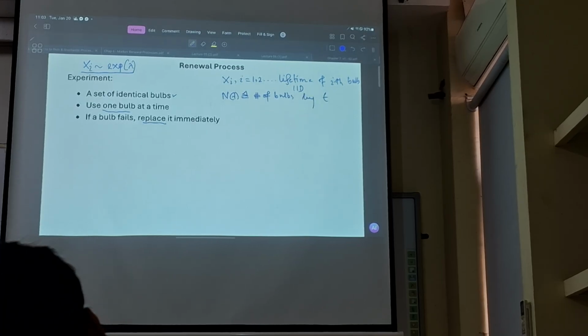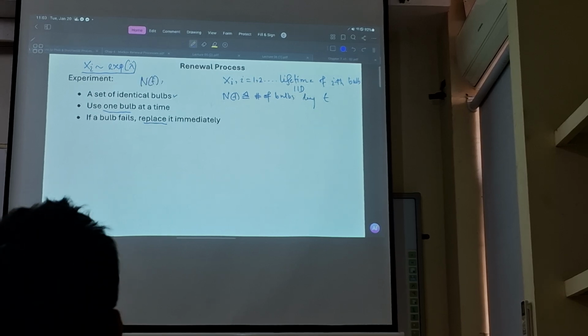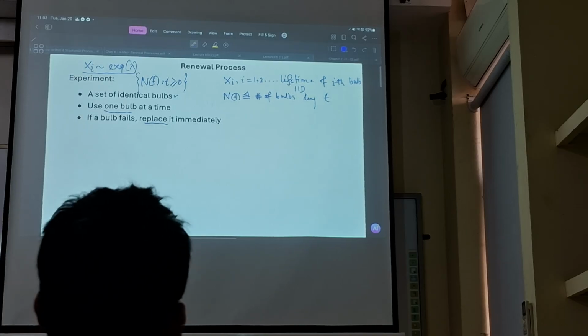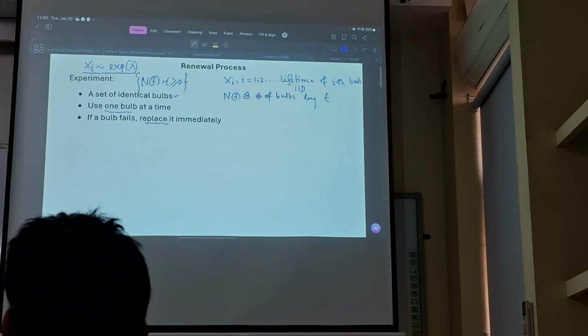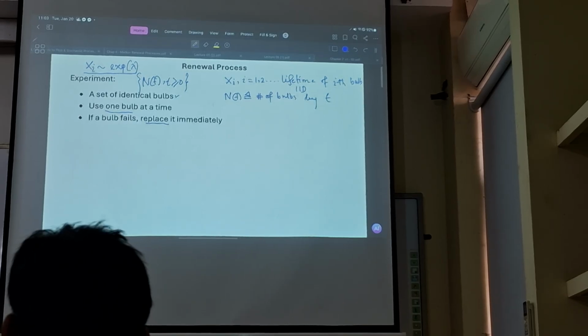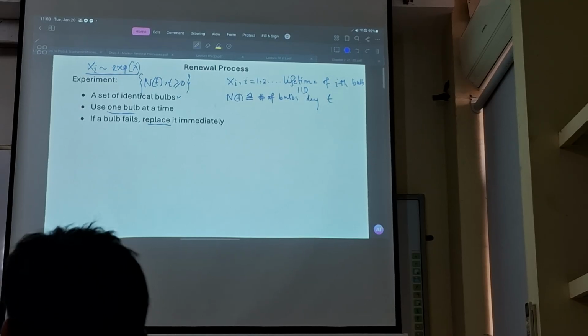Then N(t) is what? If you consider N(t) as a process, what type of process is it? A Poisson process. Right, it's a Poisson process.